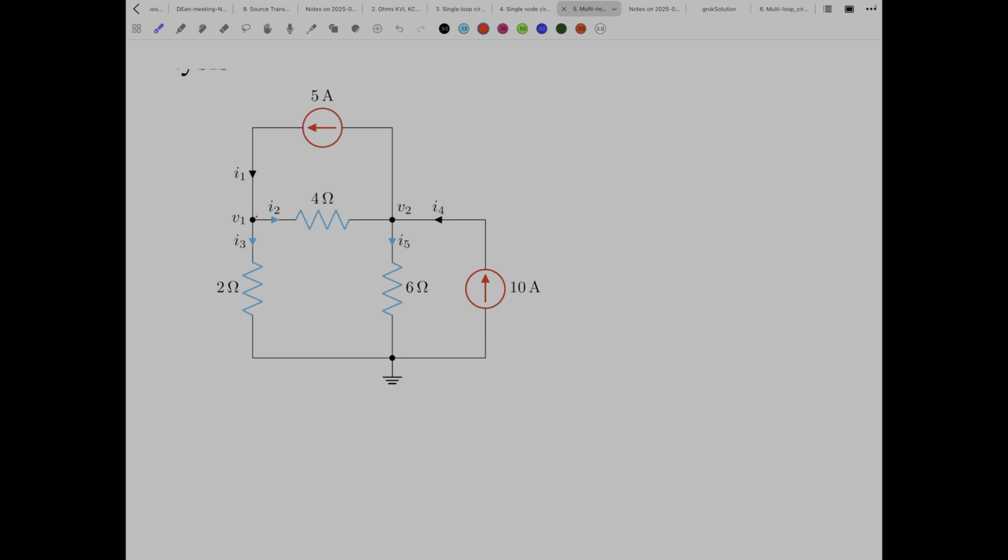I'm going to start with this node here, V1. I'm going to write KCL for that node. So I like to do something like this, KCL at node 1. And I'm looking at that node, and I see that there's 3 branches connected to that node.